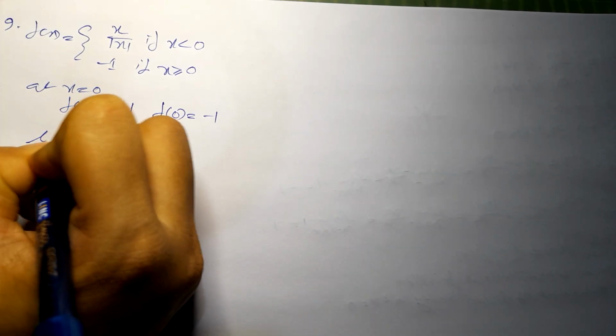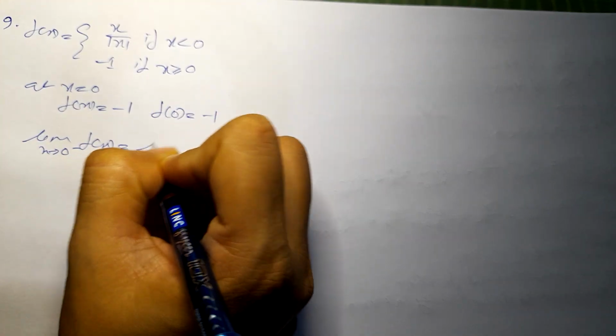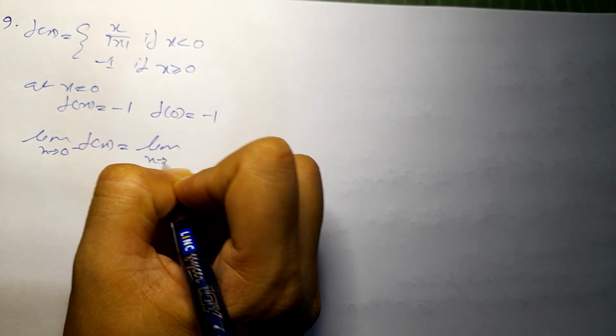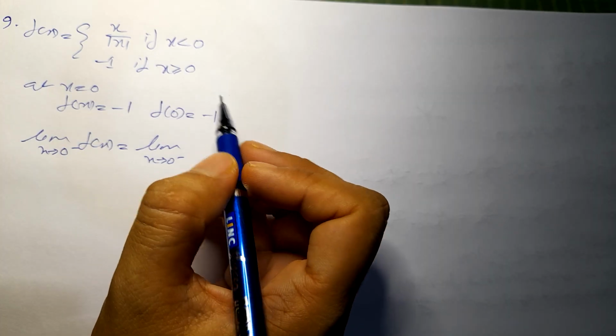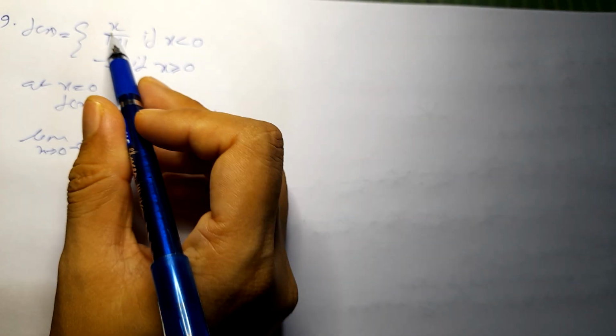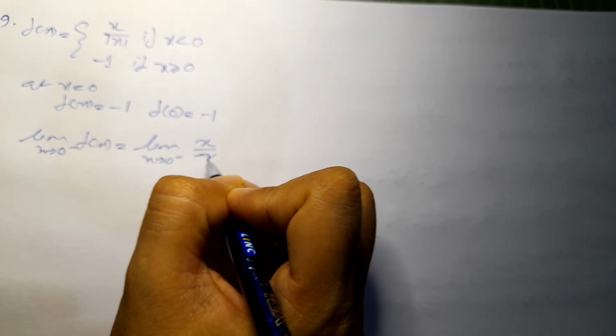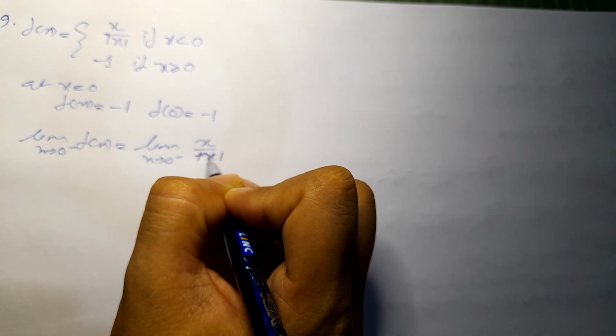Left hand limit, limit x tends to 0 minus f(x), when x is less than 0, on the left hand side of the limit, this will be the function x divided by modulus of x.